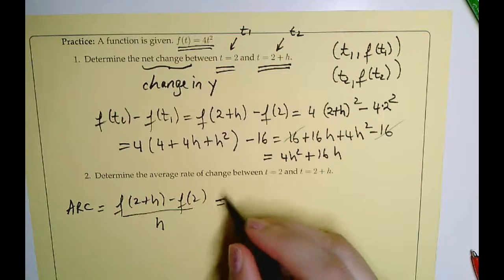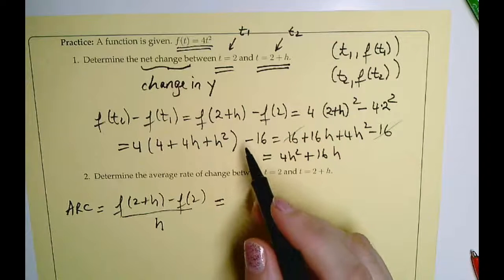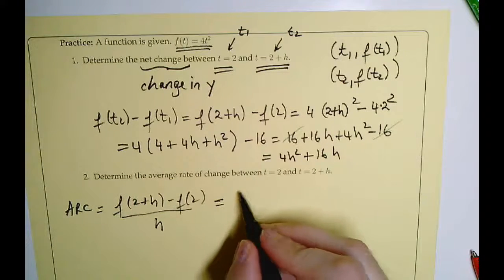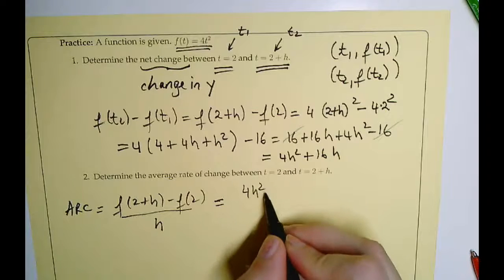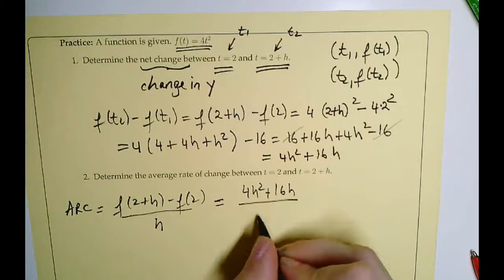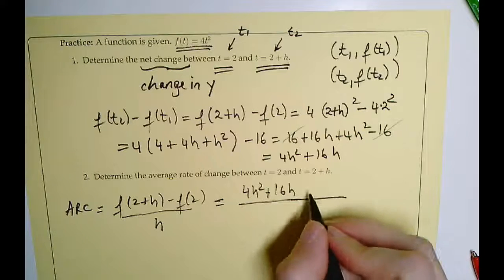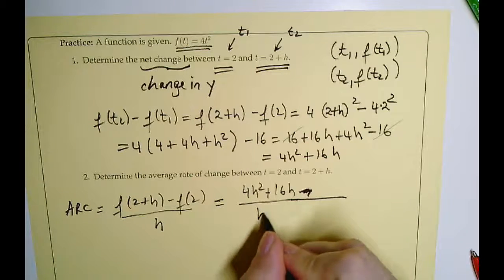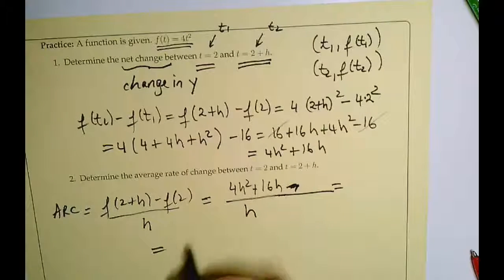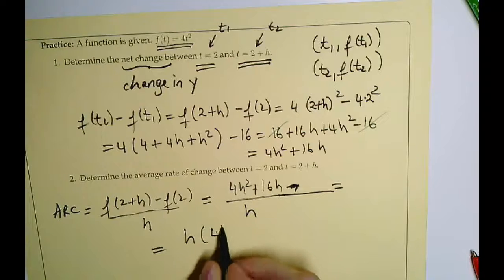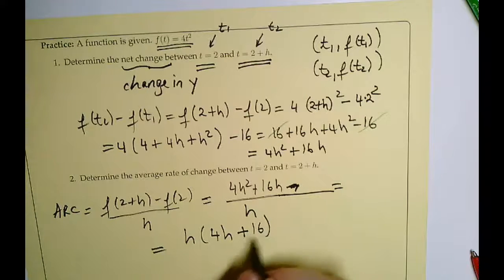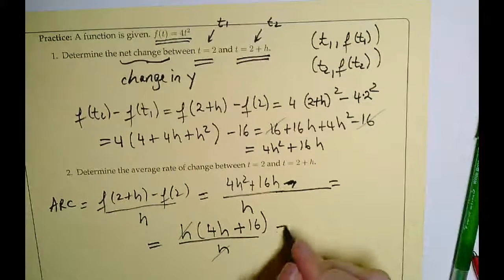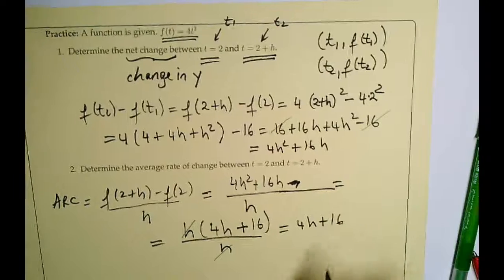And I calculated in the first exercise that f of 2 plus h minus f of 2 was 4h squared plus 16h, over h. And then if I factor out an h, I will get 4h plus 16 over h, and then this will give me 4h plus 16.